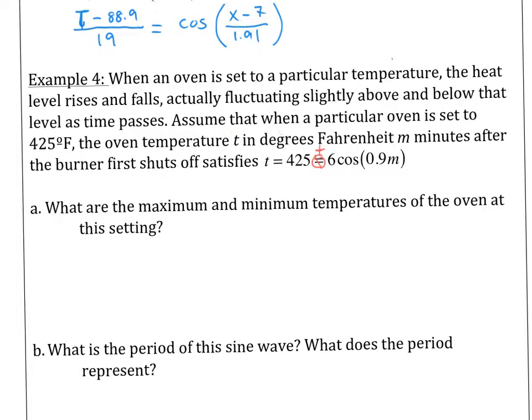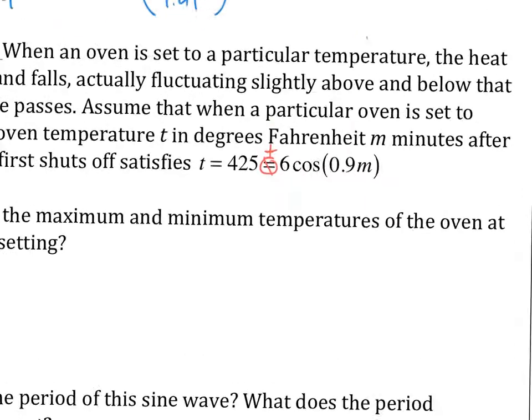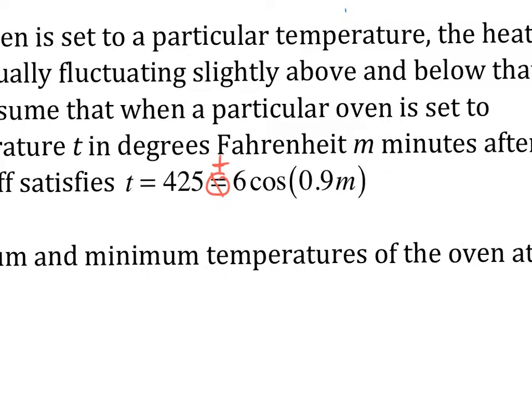So assuming that when a particular oven is set to 425, the oven temperature T in degrees Fahrenheit, t minutes after the burner first shuts off, satisfies this function. So what does it actually mean? Let's interpret. This is the setting, which means the average.